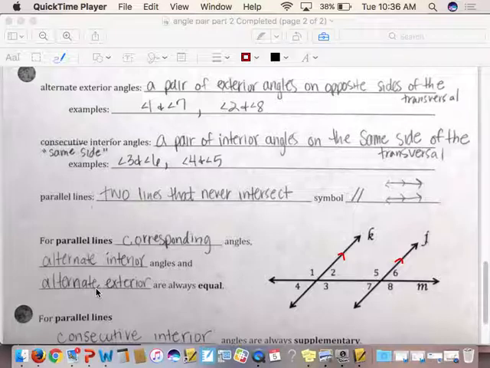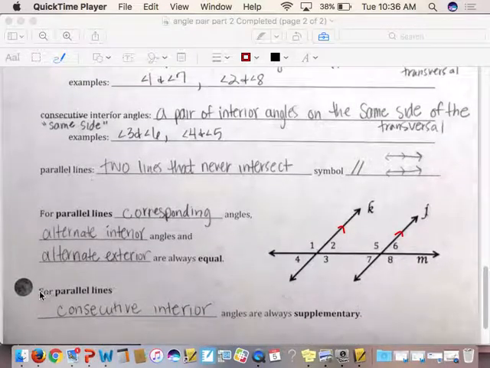All of those pairs become equal when the lines are parallel. When those lines are parallel, the consecutive interior are supplementary. Again, that is when they add to 180 degrees. At this time, we're going to go ahead and fill in the graphic organizer.